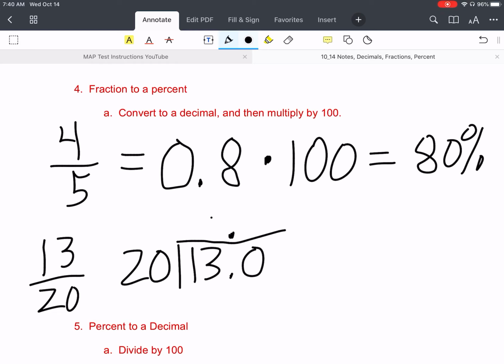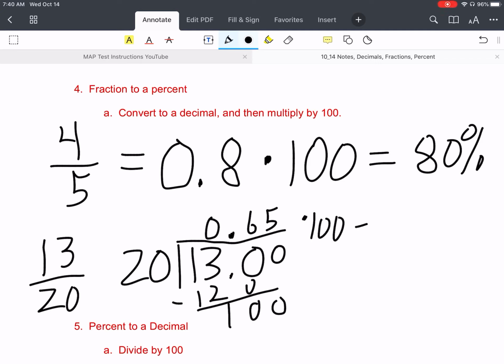We know 20 goes into 13 0 times. 20 goes into 130 6 times. 20 goes into 100 5 times. So our decimal would be 65 hundredths. Multiply that by 100, and we get 65%. So starting with a fraction is definitely the most difficult.